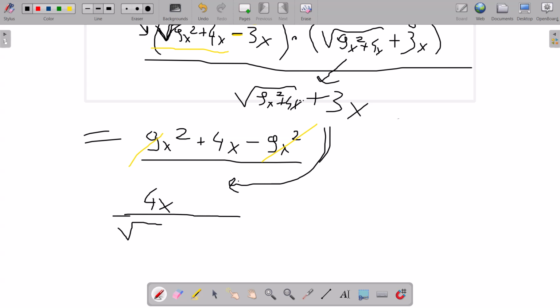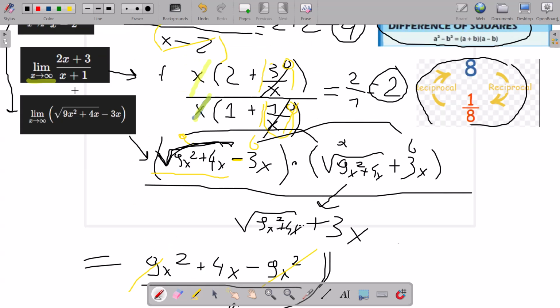Over this conjugate below. We still have the square root in the denominator, which will be the square root of 9x squared plus 4x minus 3x. I made a little mistake: I wrote plus.